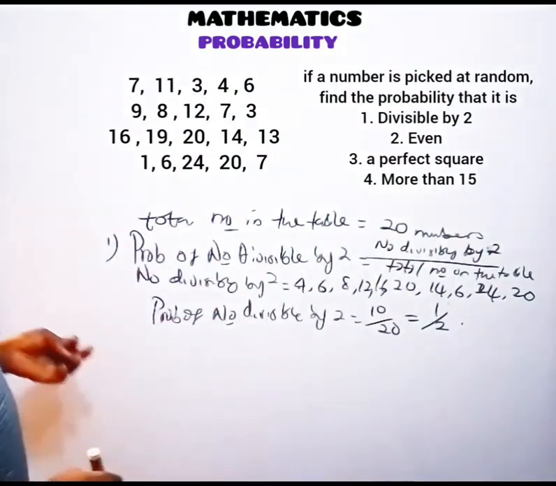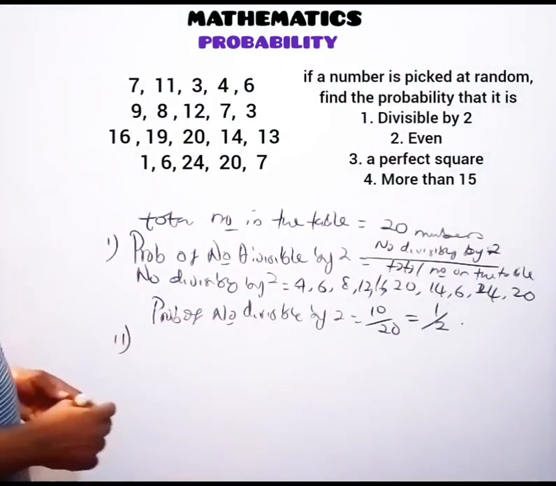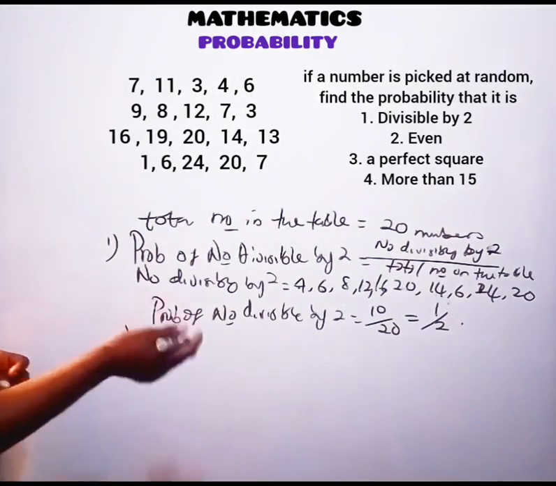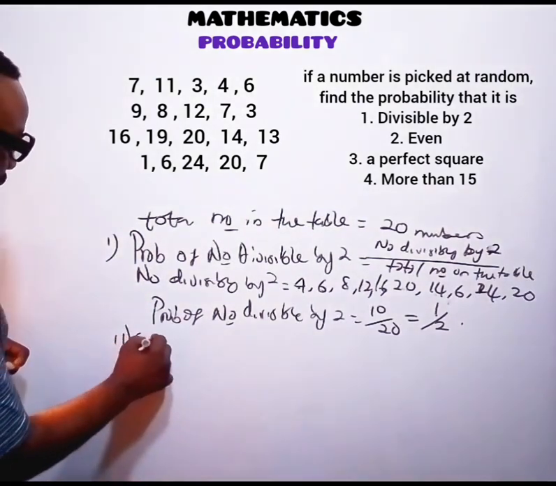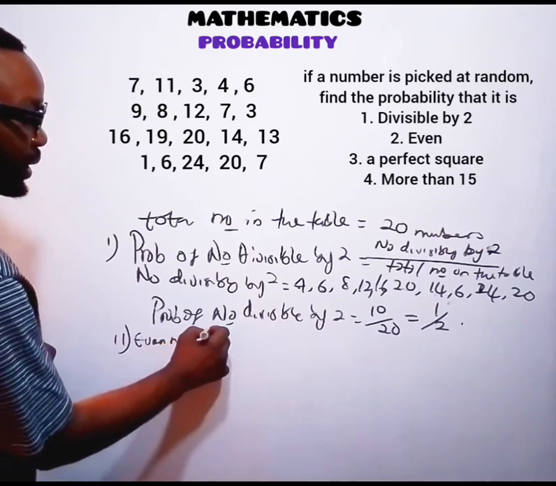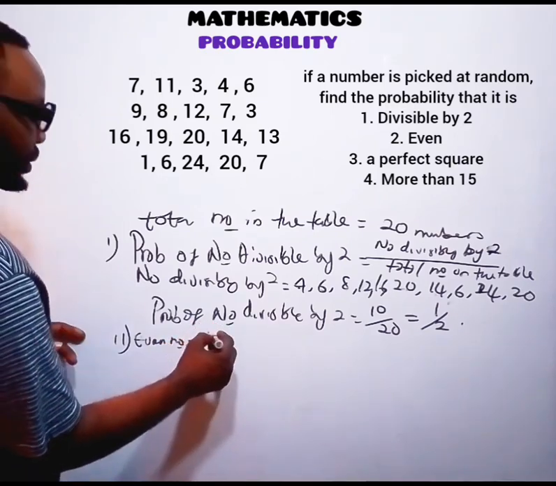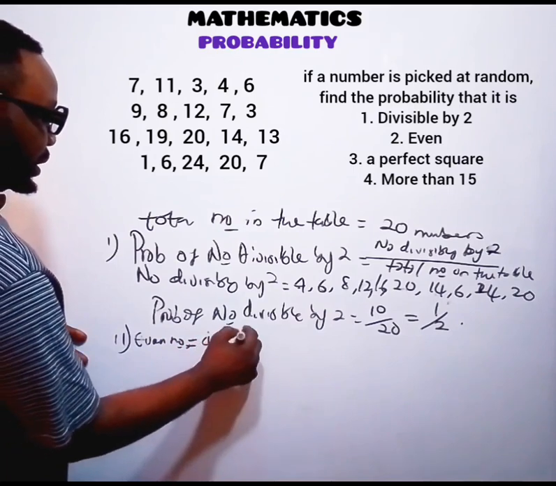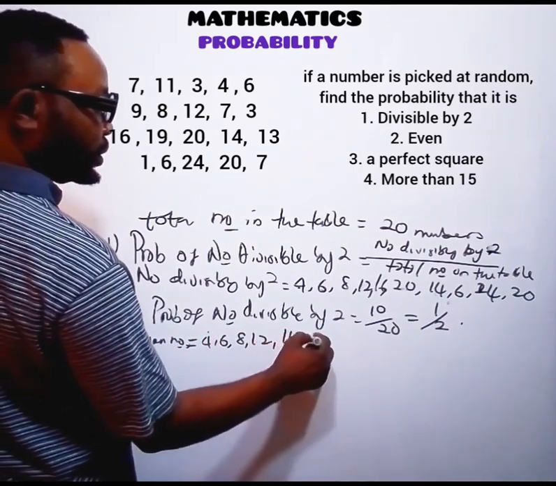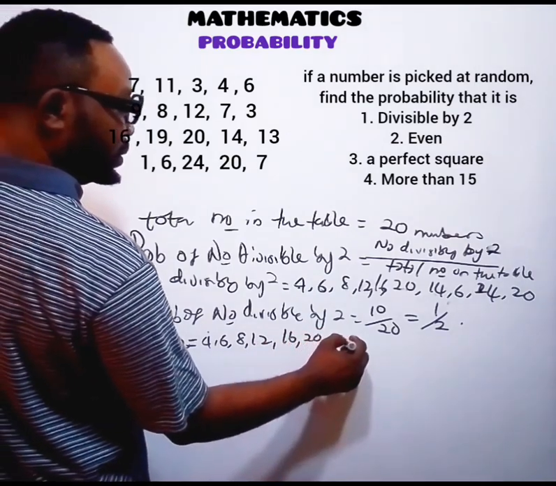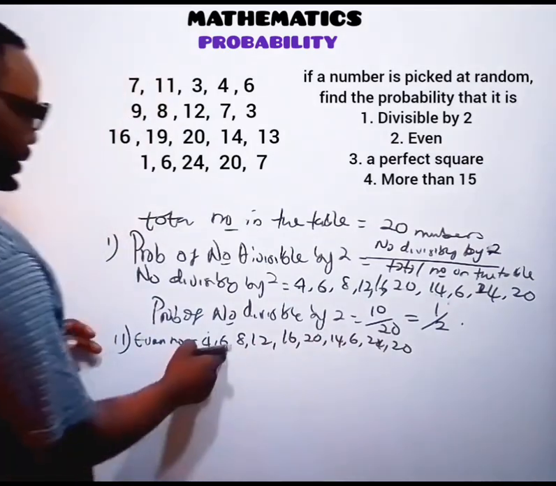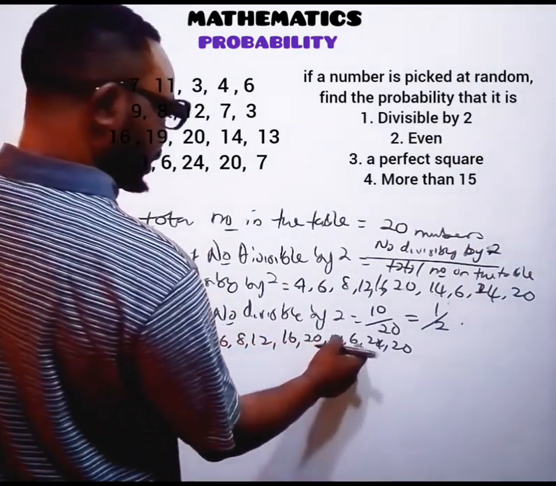Now, the second question says the probability of obtaining an even number. Let's look at the even numbers that we have there. The even numbers are 4, 6, 8, 12, 16, 20, 14, 6, 24, 20, that's 1, 2, 3, 4, 5, 6, 7, 8, 9, 10.